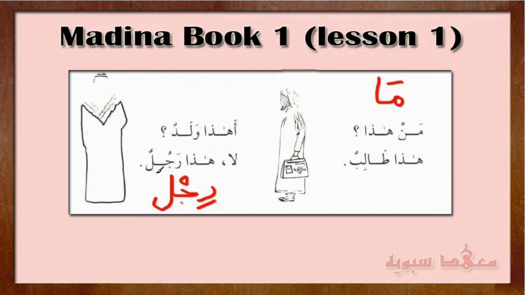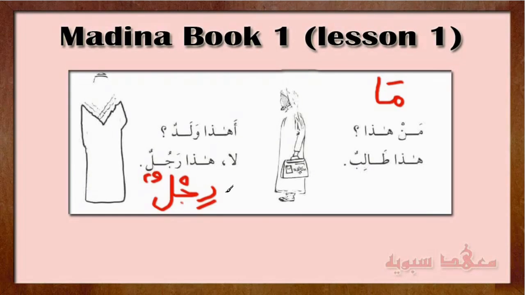Rijlun, with the tanween, which means a leg or a foot. So a question is, and something very interesting in the Arabic language, is that we have the word for man and foot that are derived from the same three-letter root.